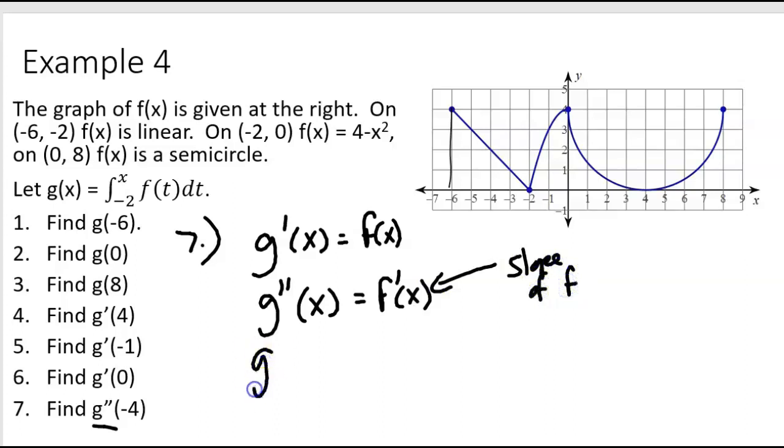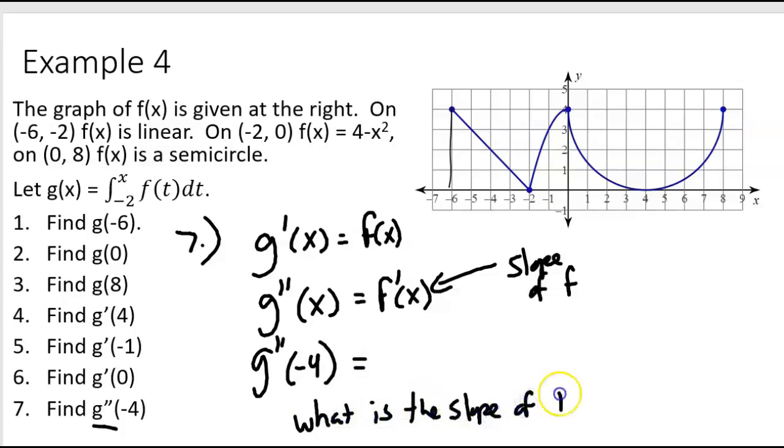So whenever I say find G double prime of negative 4, I'm asking you what is the slope of f. In other words, f prime of negative 4 at x equals negative 4. So let's find negative 4.